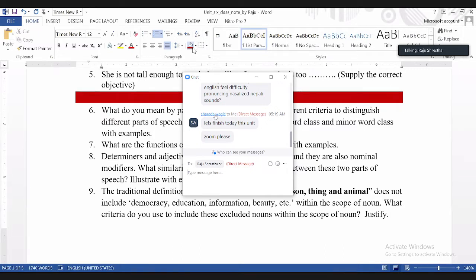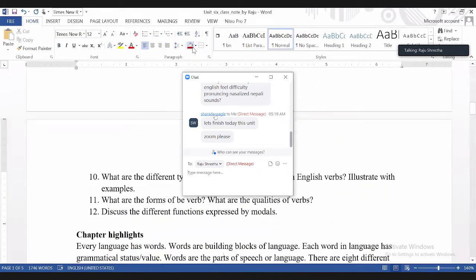These nouns, democracy, education, information, beauty, are not under the traditional definition: name of place, person, thing, and animal. They are not a place, not a person, not a thing, not an animal. So to include these words in the definition of noun, how can we justify they are nouns? Questions of this kind may come.